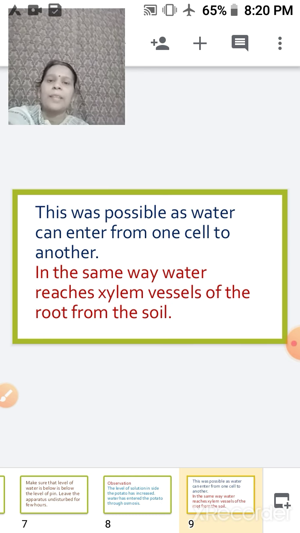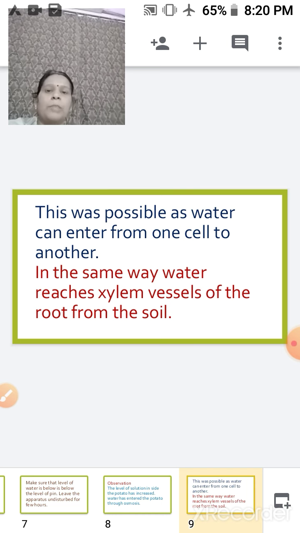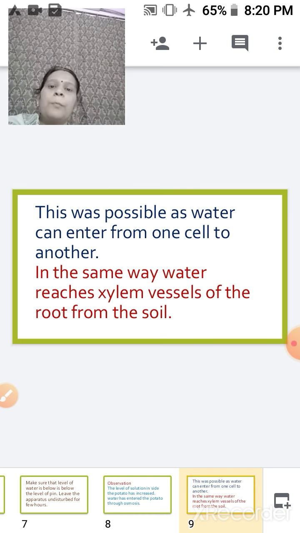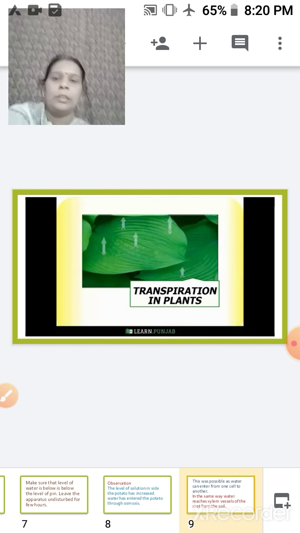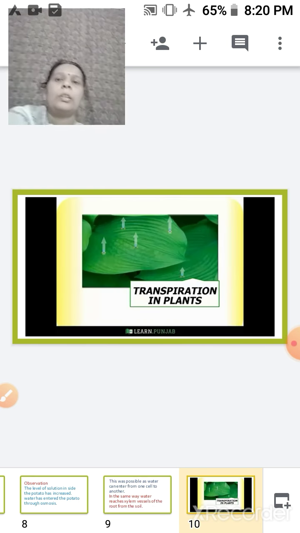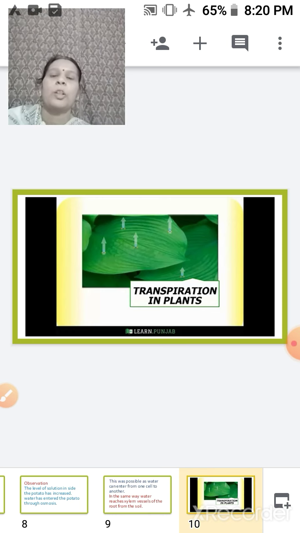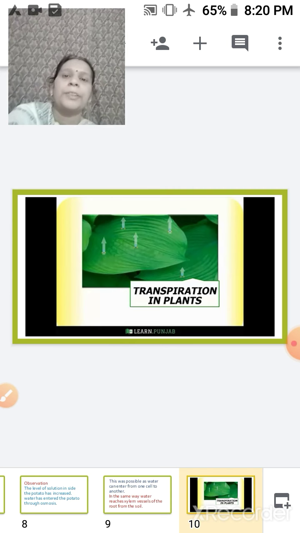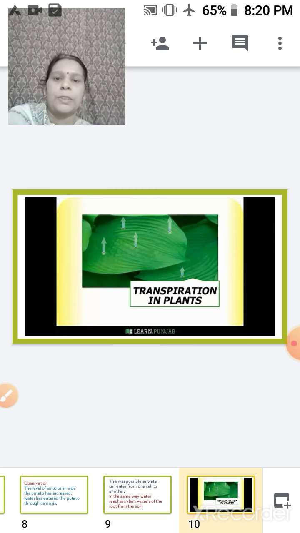In the same way, water reaches from the xylem vessels of the root to the other parts of the plant from the soil. So this is how the transportation of water takes place from the root to the tip of the plant with the help of the root hairs and the process of osmosis.